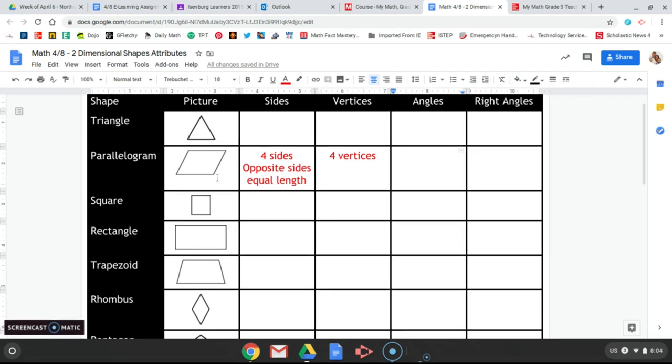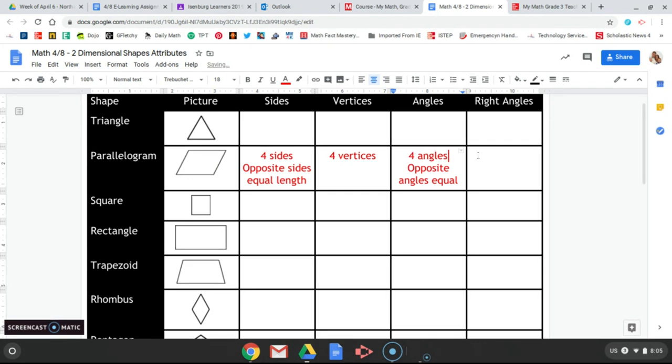Then if you look at the other angles that are bigger, this bottom right angle is equal to the top left angle. So that means opposite angles are equal. I'm just going to put equal. Opposite angles equal. And there are 4 angles.